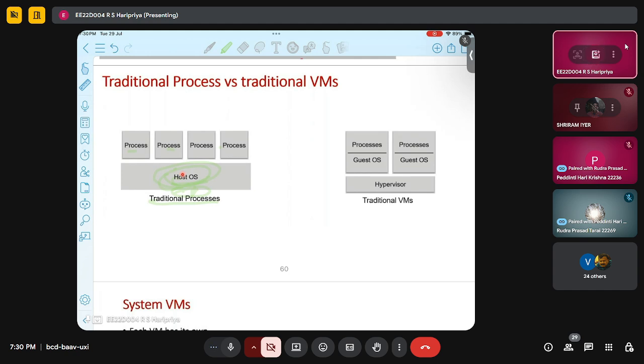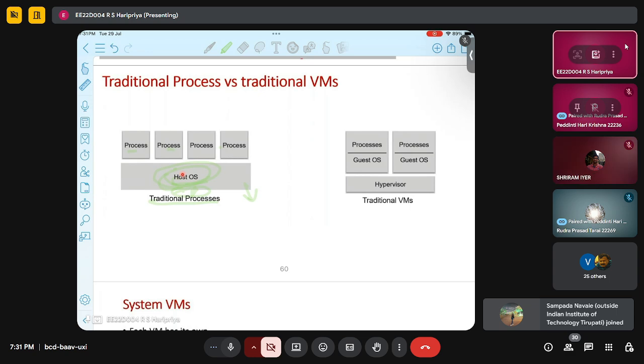This is loosely isolated, because these processes talk to the OS through system calls, and let us say there are nearly 400 system calls in Linux. All these system calls are available to the process on top. That means it is loosely isolated.